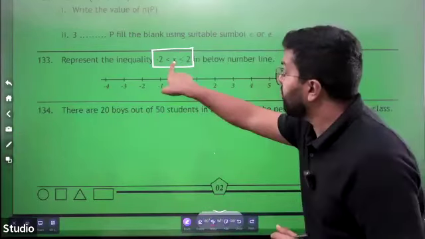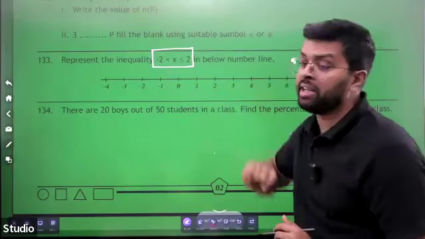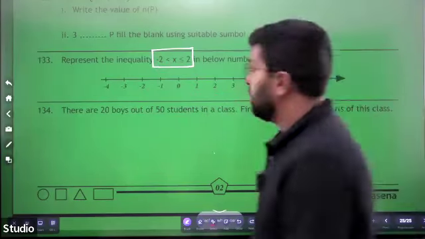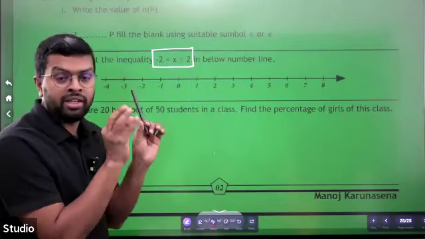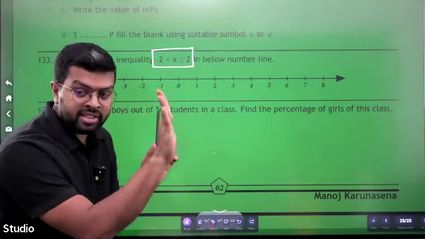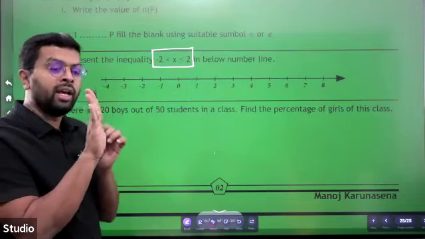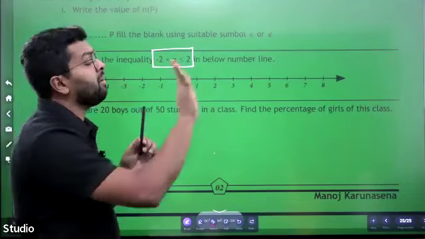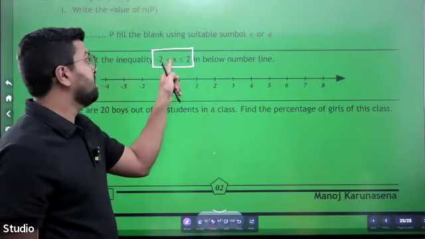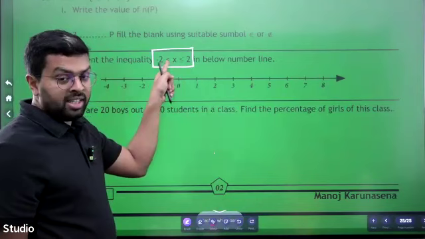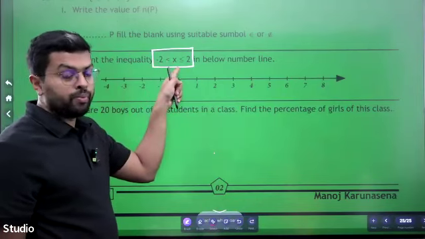The value of x is less than -2. Let's read it the other way: -2 is less than x. That means the value -2 is less than x, so x is greater than -2.